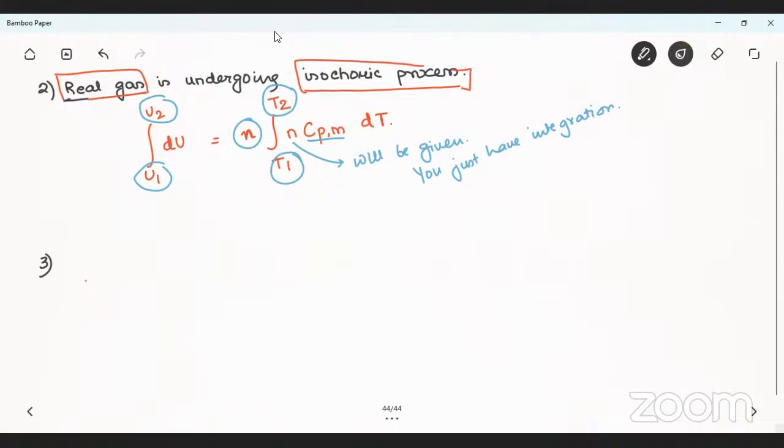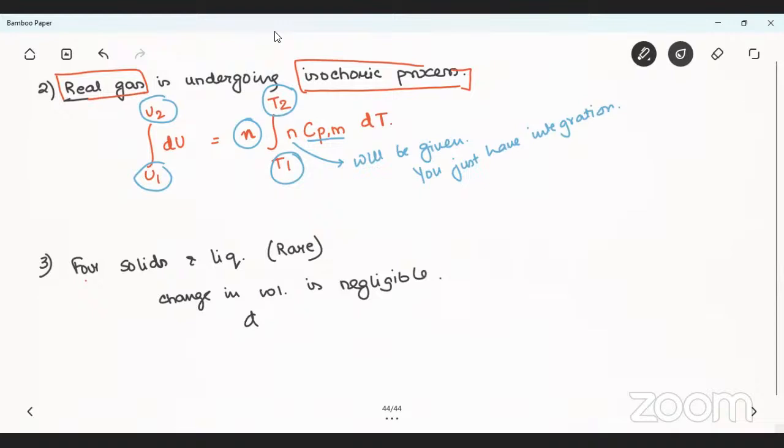So now coming to the final parts. What is this for solids and liquids? If they ask you for solids and liquids, this kind of question is quite rare to find. So for solid and liquid, change in volume is negligible. So dU will be equivalent to 0.